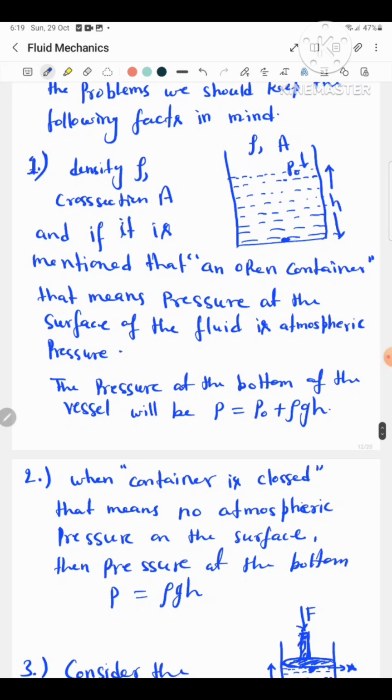This P naught is transmitted throughout, and the pressure due to the liquid will be rho g h. So the pressure at the bottom of the vessel will be P equal to P naught plus rho g h.